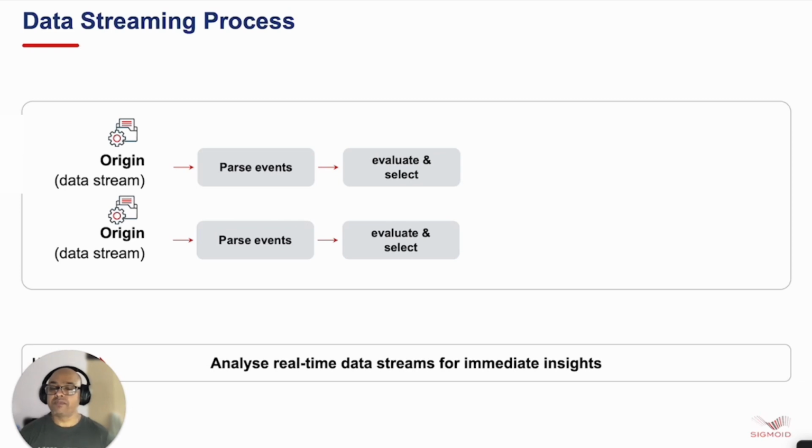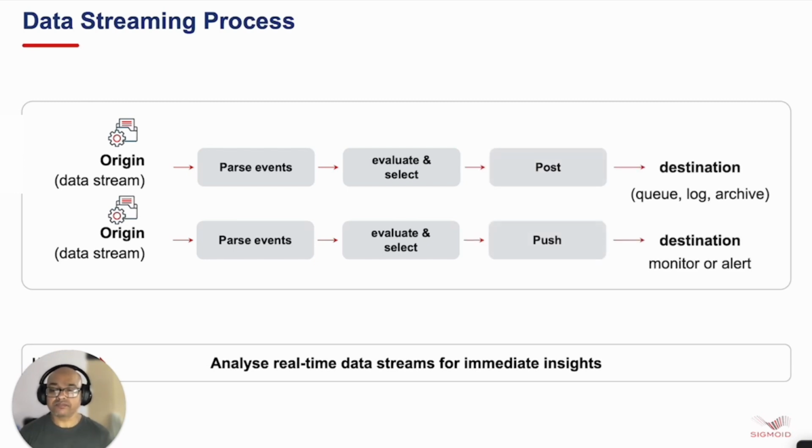Data arrives from a string of devices in continuous streams, gets processed and filtered into records of interest, and processed before being sent to various destinations like dashboards and real-time applications. When should we use it? When there is a need to analyze real-time data streams for immediate insights.